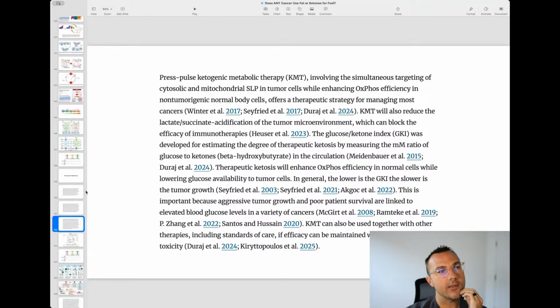I'm guessing what they mean there is, and maybe some of you guys can chime in in the chat, that some of the therapies used in conventional medicine, the most obvious one being glucocorticoids like dexamethasone or prednisone, can completely derail your ability to get into ketosis, right? Because it's going to create massive amounts of hyperglycemia. It's going to raise insulin.